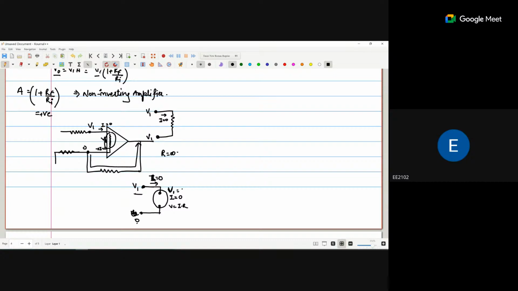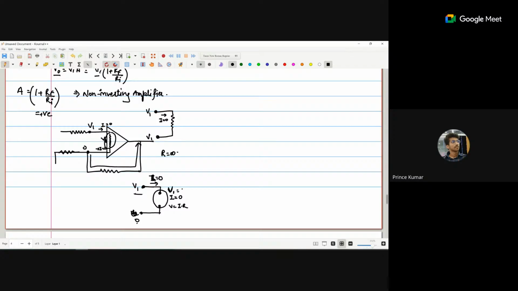Clear? Means we can say that in the ideal operational amplifier, the current through the terminals is always 0, right? Yes.